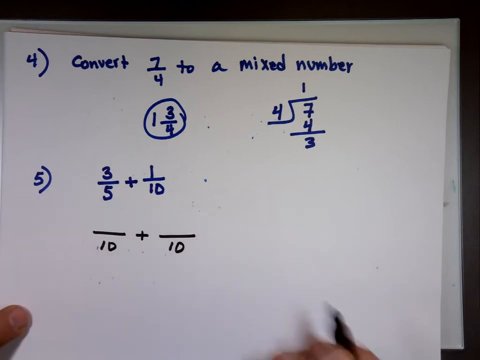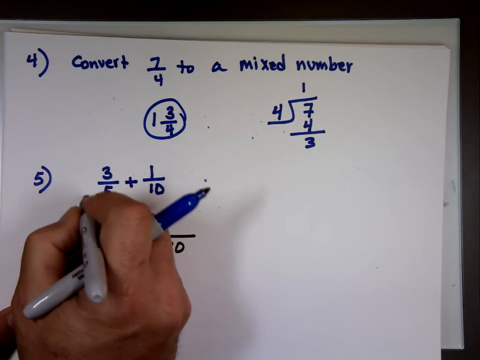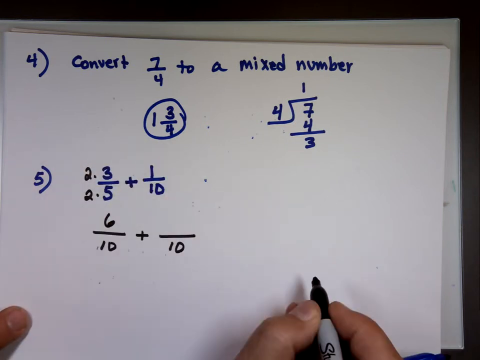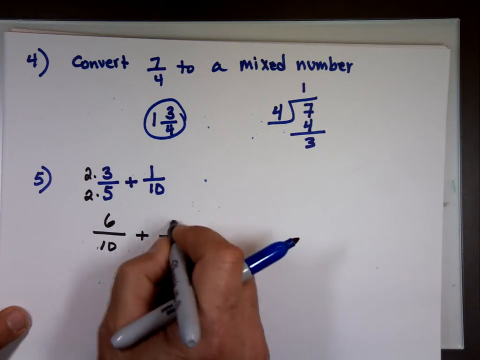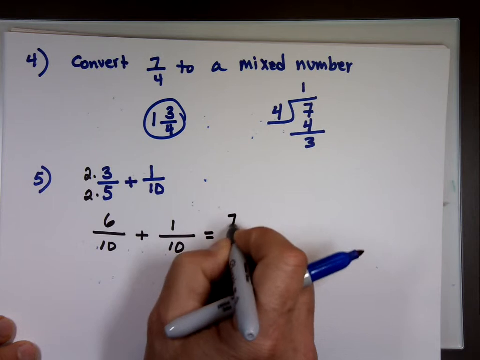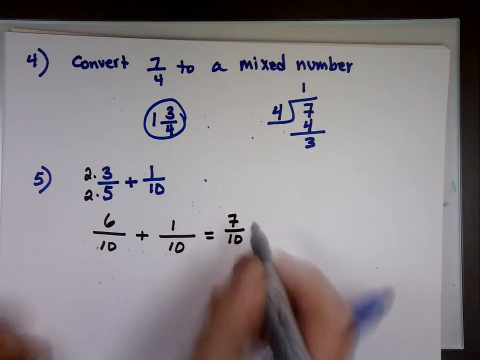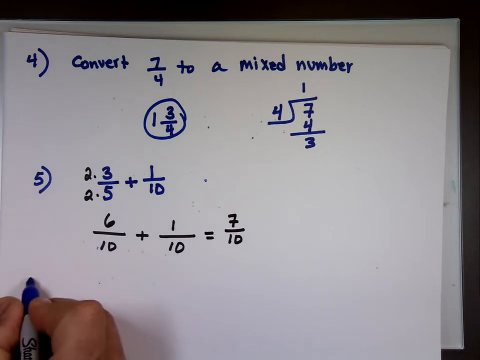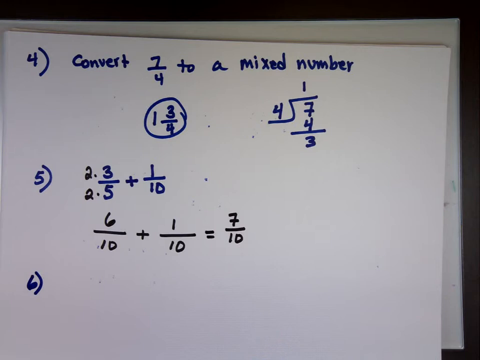I need to multiply the 5 by what to make it 10? 2 times 3? 6. The second one you don't change. It's already over 10. So what's your answer? 7/10. And that's only when adding and subtracting that you find the common denominator. Correct. Right? Yep.